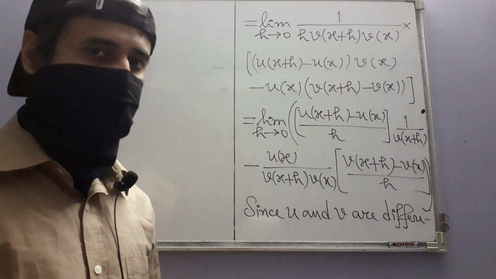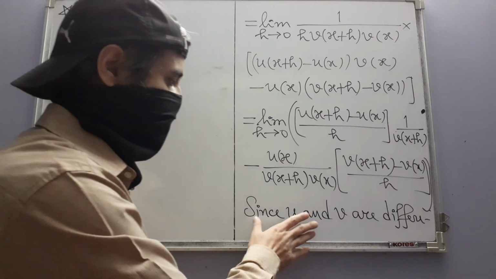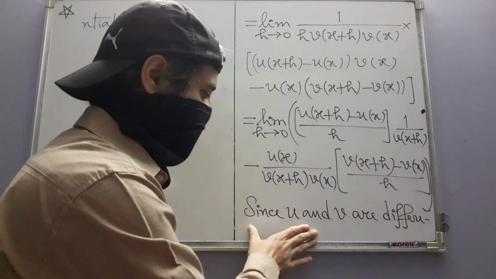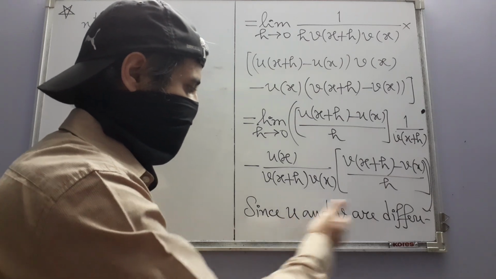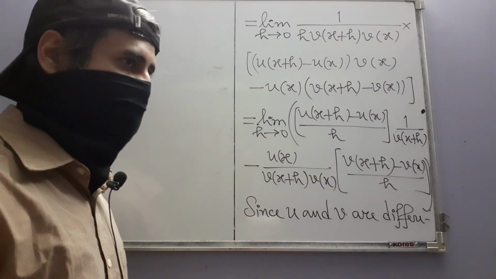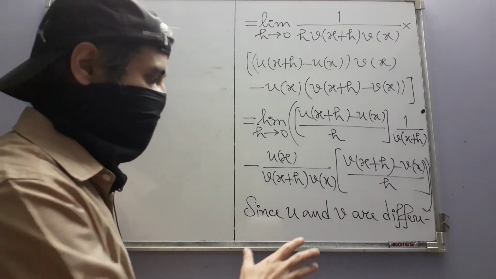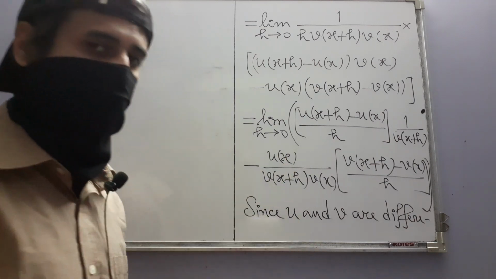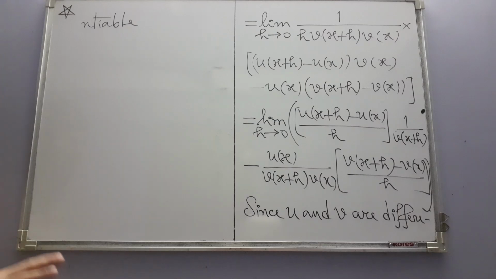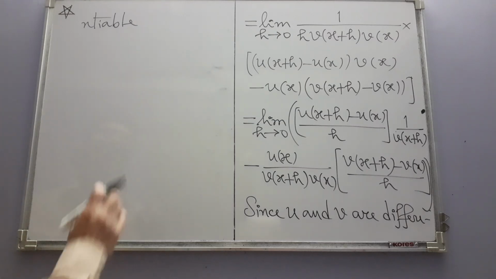So don't be lazy, write it, okay? Don't be lazy and write something like this. Since u and v are differentiable, we have a situation like the previous proof. Now, when you write a formal proof, please write it fully. At least do not be lazy in writing these things.